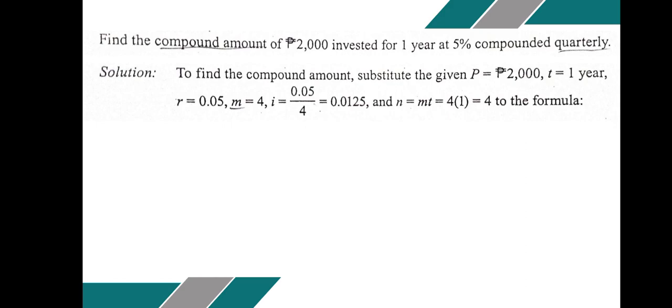And then, our N, which is the total number of conversion periods. We just simply multiply M and T. So, 4 times 1, that is equal to 4.